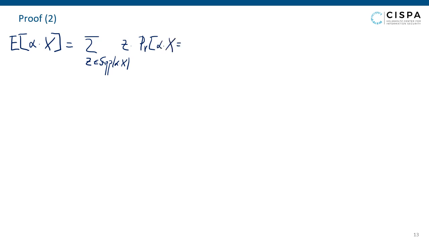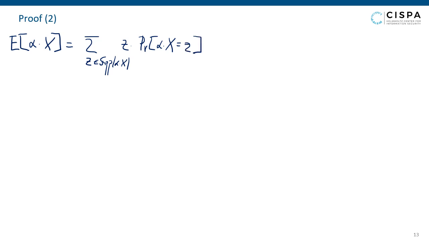Okay, so now let's prove the second property. And this one will be, in fact, a lot easier. So what's the expectation of alpha times X? Well, let's write it down. Let's again go over all z in the support of alpha times X, and this will be z times the probability alpha times X equals z.